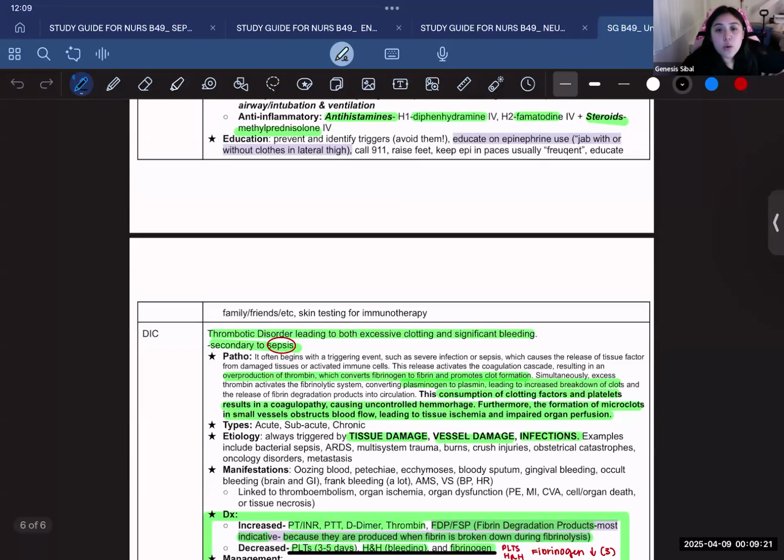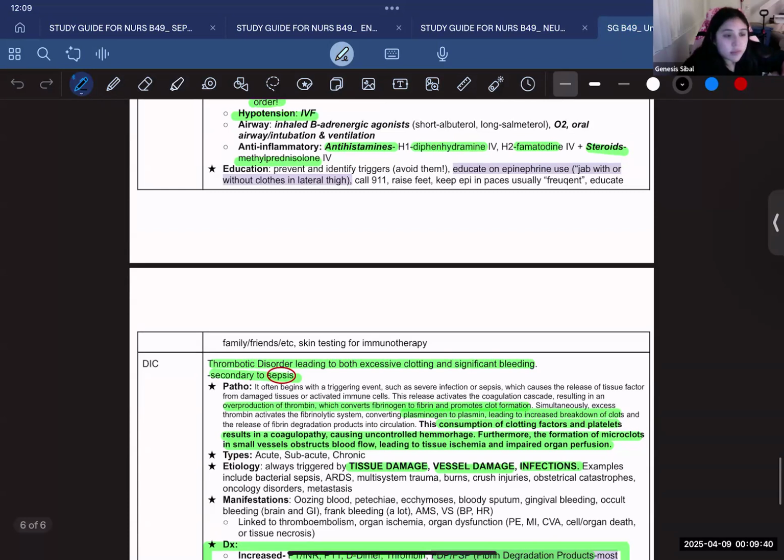Anti-inflammatories, antihistamines, because the whole entire point is we're having the histamine response be crazy. And so there's different types, right? You can give diphenhydramine and then famotidine, and then steroids to also help with the inflammation response.